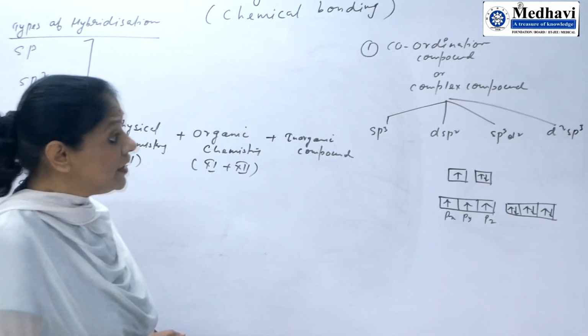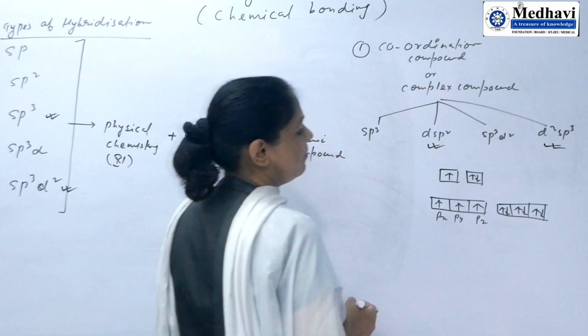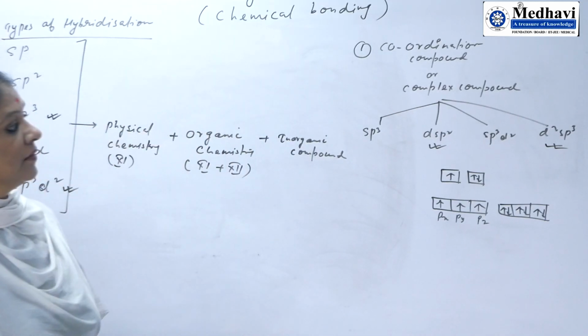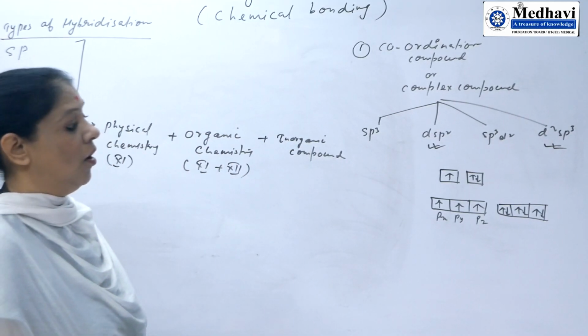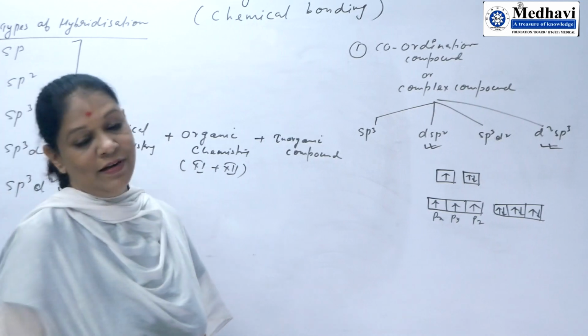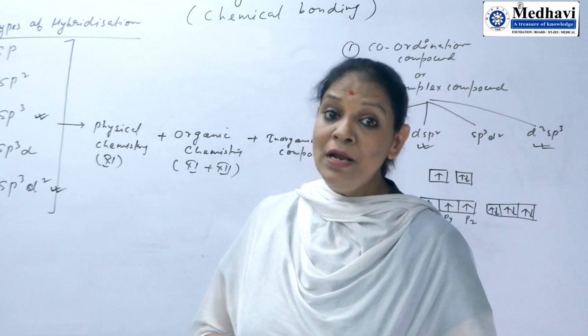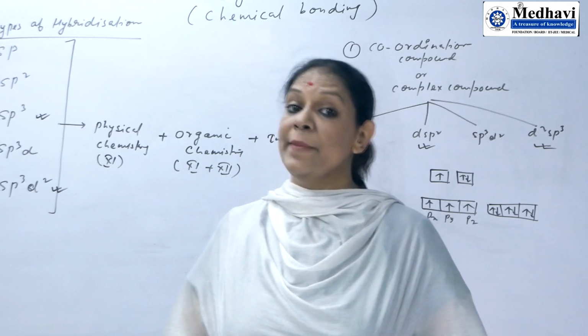So two new types of hybridization have been taken in this part: coordination compound or complex compound. That we will discuss when I teach this chapter. What is a coordination compound? How we will find its hybridization.